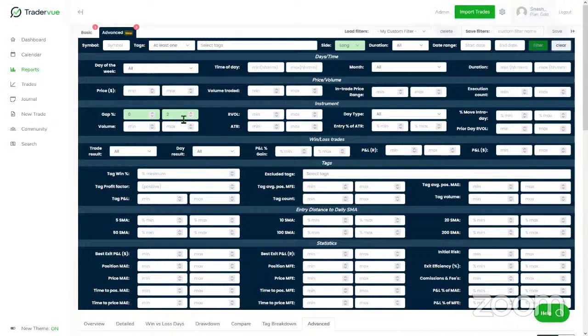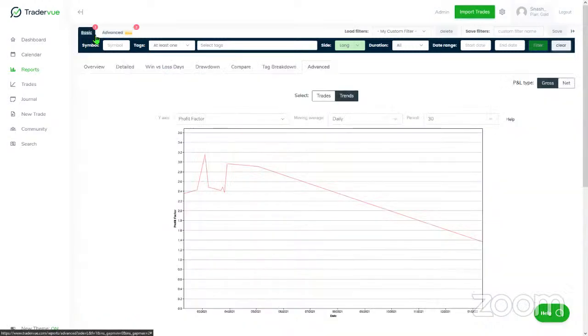And that's the reason why I wanted to quickly give you guys a review about advanced filters, because Tradervue is allowing you to do something now in a very complex way, but also simple at the same time: you can now get deep into very specific things about your trading and identify very small niches of things that you're actually doing really well, and maybe things that you're doing the worst, and you can definitely cut that or not do that anymore.